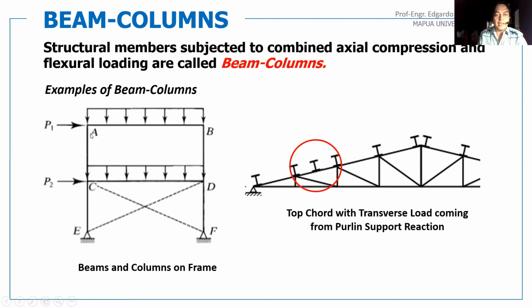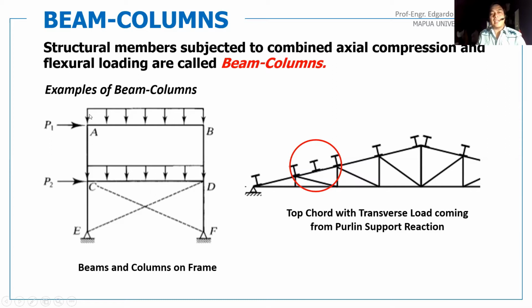Likewise, beams AB and CD, due to the uniform transverse or gravity load that they carry, act like a beam. However, because of the presence of P1 and P2, which are lateral loads, these lateral loads induce axial compression on the beams as well. Therefore, beams AB and CD must also be designed as beam columns.